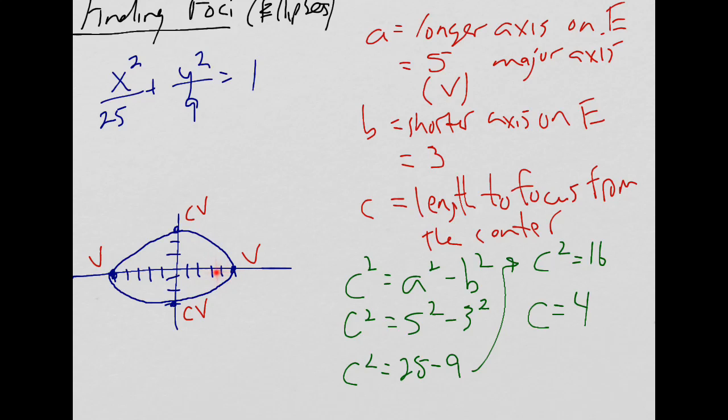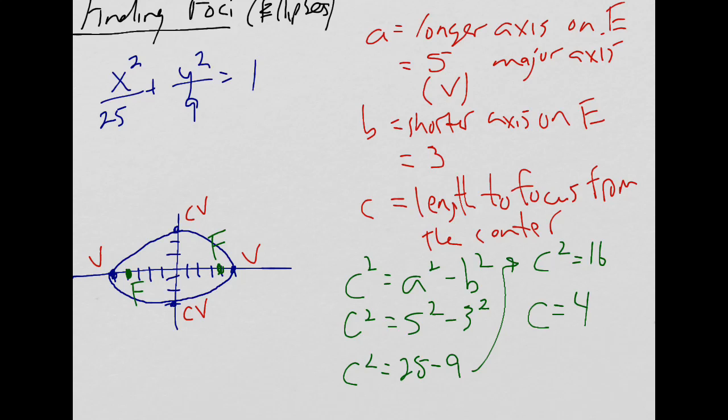So instead we're going to go out 4 this way and out 4 this way. So I'm going to go out to here and label that as F, and then go out to here and label that as F. With all that information, you should be totally set to work through all the problems that we want you to do in your book.